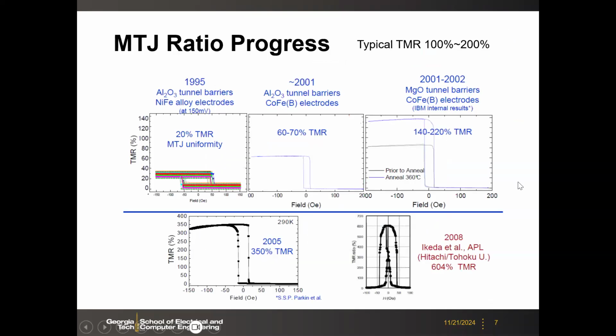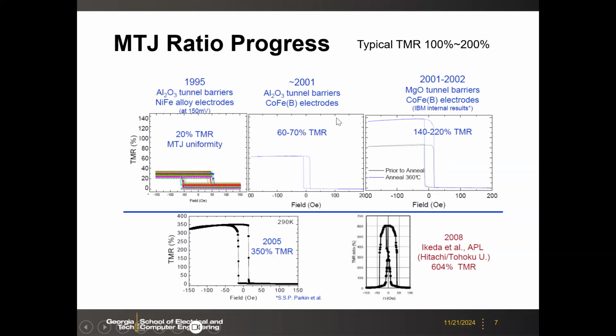Of course, the community tries to improve the on-off ratio, or the TMR. Here you see in the early days, when this phenomenon was discovered in the 1990s, initially the TMR ratio was very small.